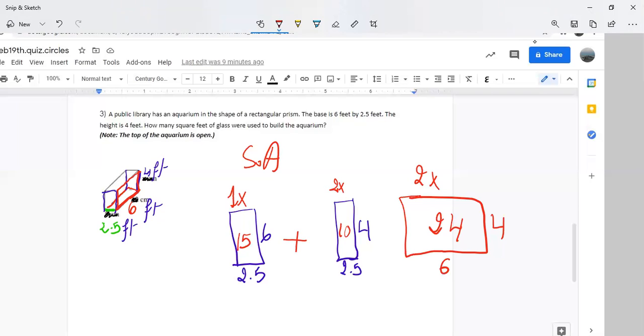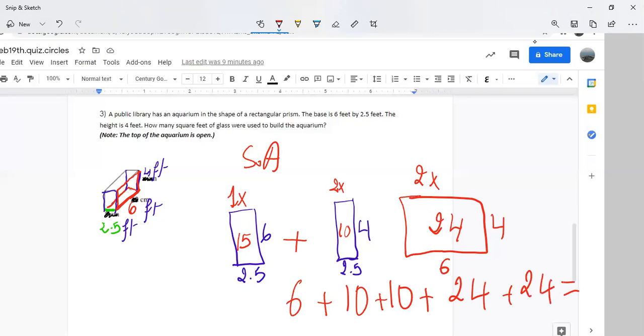So we have 6 plus 10 plus 10 plus 24 plus 24. So that should be 48 and 20, 68, and 6, it's 74.